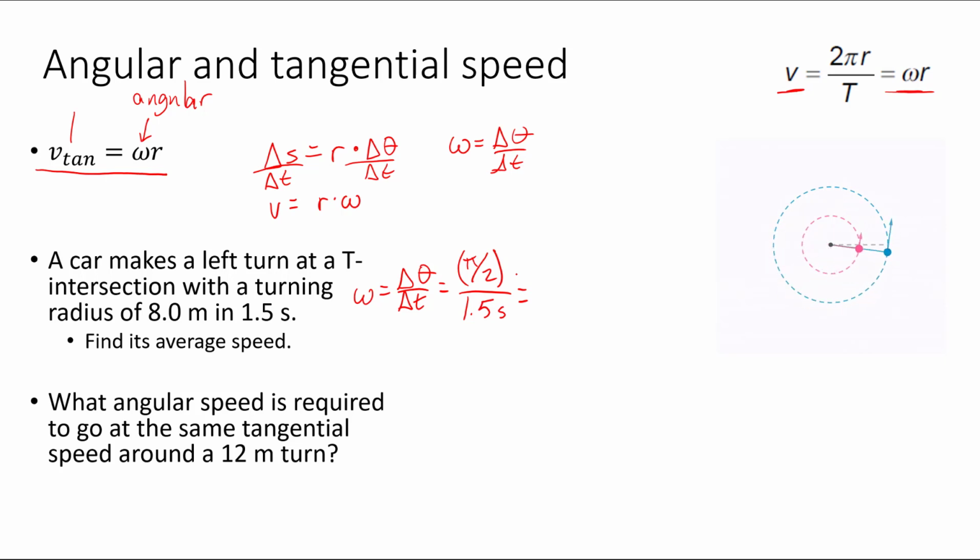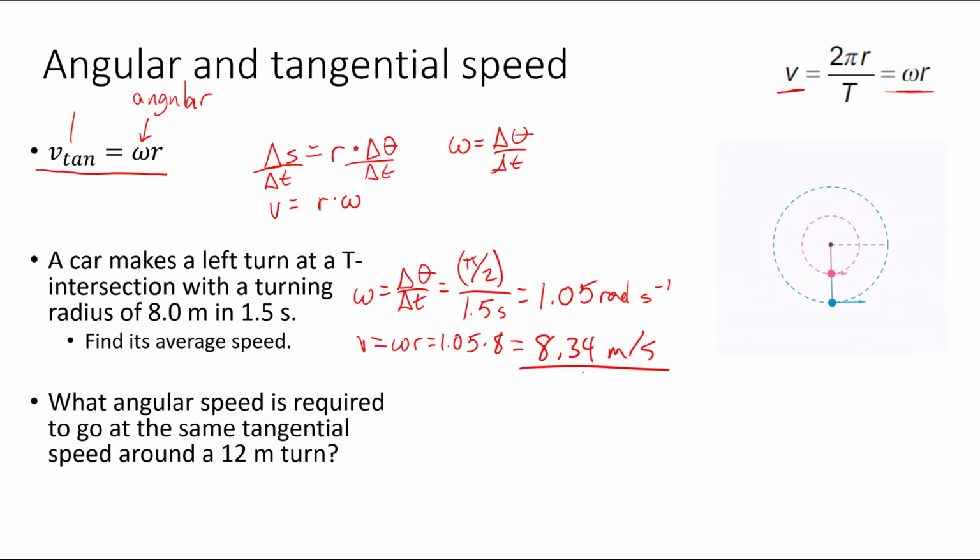Pi over 2 divided by 1.5 is equal to 1.05 radians per second. And if we want the speed, we just multiply by the turning radius: v equals omega r. 1.05 times a radius of 8 meters gives 8.34 meters per second. So that's our average linear speed.